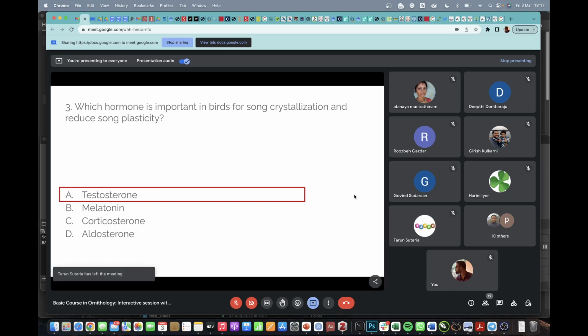Tarun, sorry. Okay, anyone else wants to try the answer? All right, Govind and Rusbe, if you want to go on, go ahead, please.